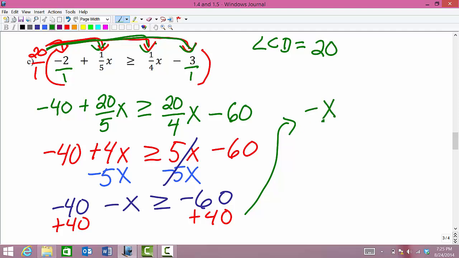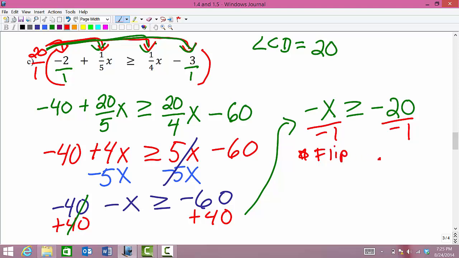So now we have negative x, our 40s have canceled, negative x greater than or equal to negative 60 plus 40 would be negative 20. The last thing we want to do is divide by minus 1. Since we're dividing by a negative number, we do need to flip our inequality symbol. So that would be positive x less than or equal to positive 20.